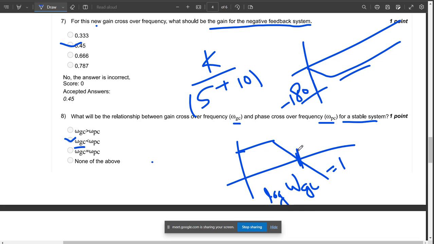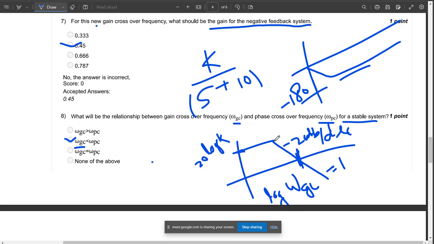So this is 1, and here it's 20 log k, and this is minus 20 dB per decade, not per second, sorry, per decade, right?